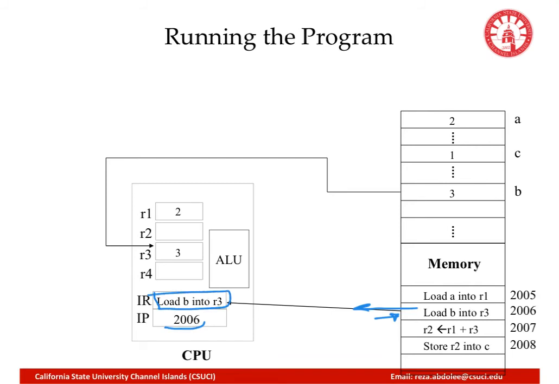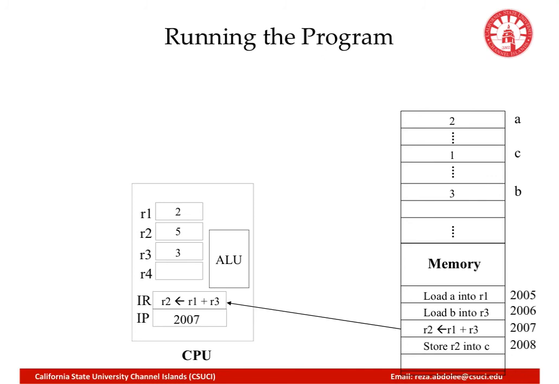Now this instruction tells the CPU to load the value of B into the register R3. Therefore, as you can see here, the value of 3 is stored in register R3 within the CPU.